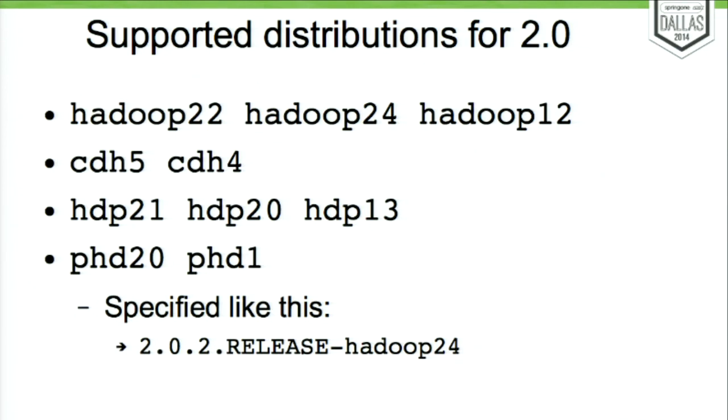And if you use Cloudera, you just put CDH5 or CDH4 there. Or HortonWorks, that's whatever version of HortonWorks you're using, HDP 2.1, 2.0, or 1.3. And same thing for Pivotal, either PHD 1, which is the 1.1 version, and the 2.0, which is the most recent one.